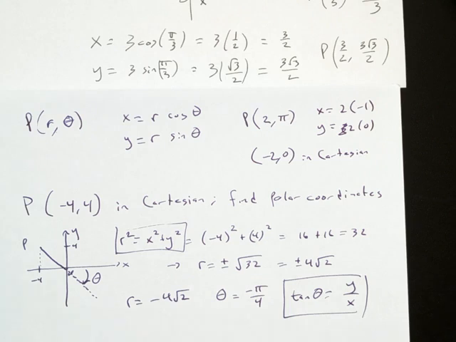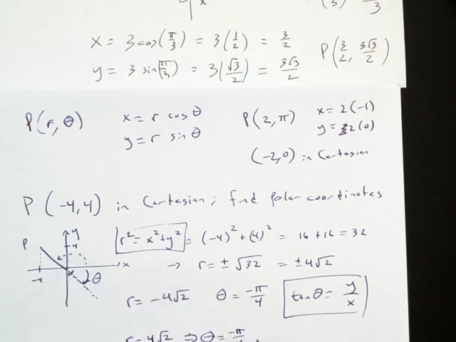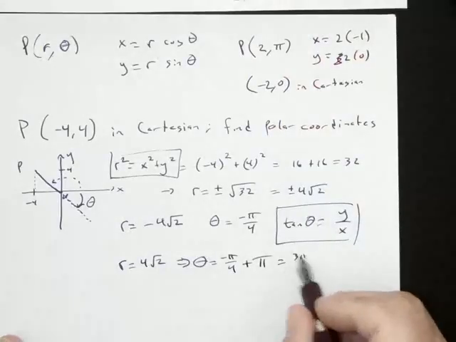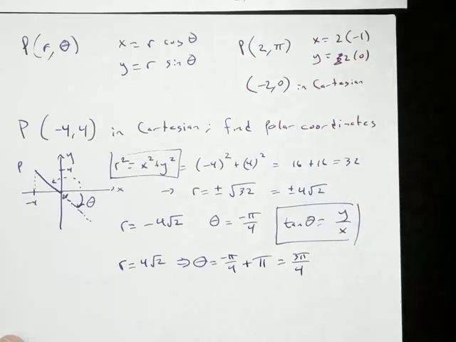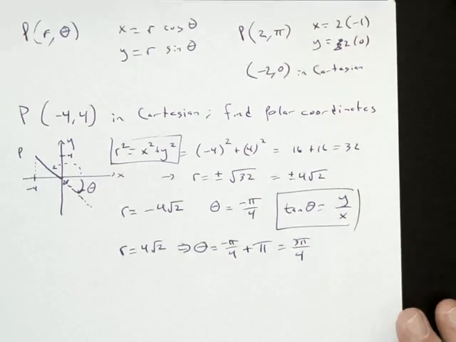So if I wanted to use the positive r, then I could say theta is minus pi over 4, but then I've got to go back that way and add on a multiple of pi. And that's why I say you can use positives or negatives for r, whichever one you like better, with whichever angle you like better. But it's your call.